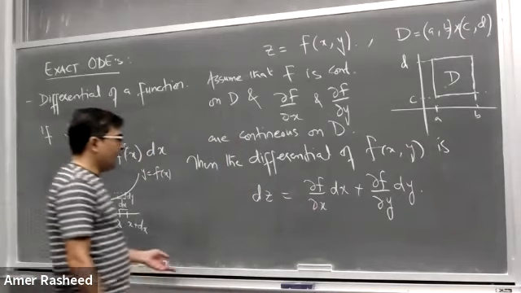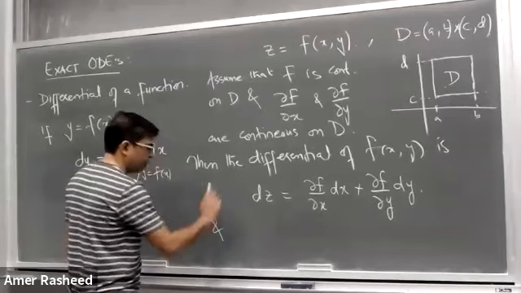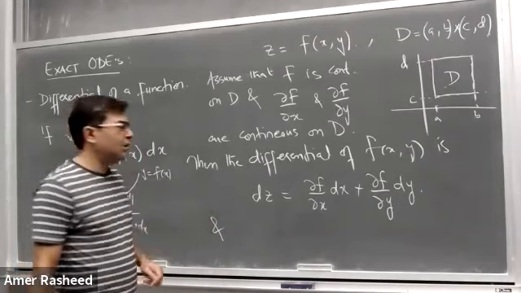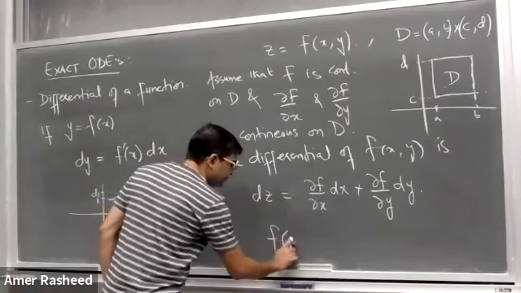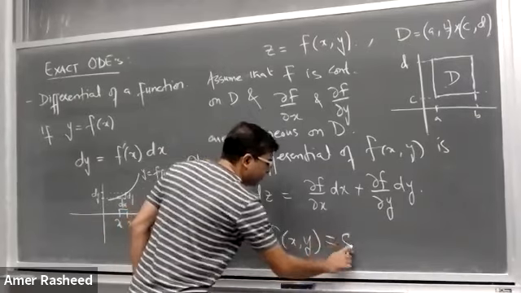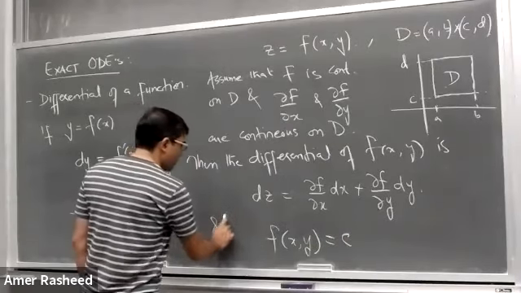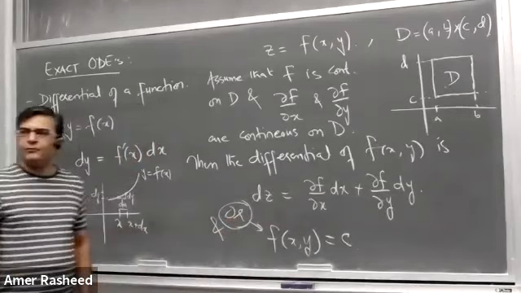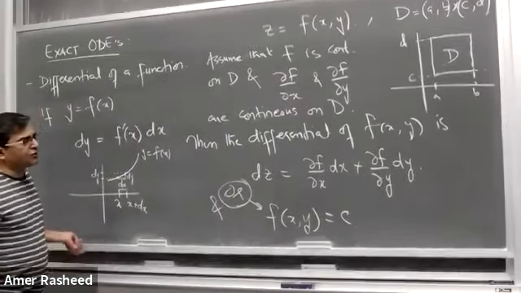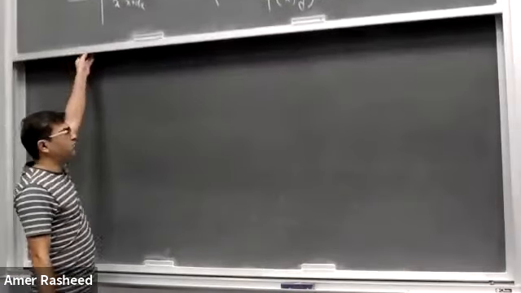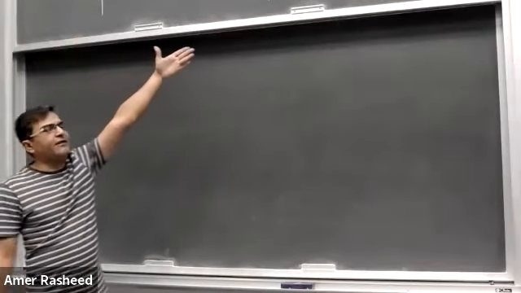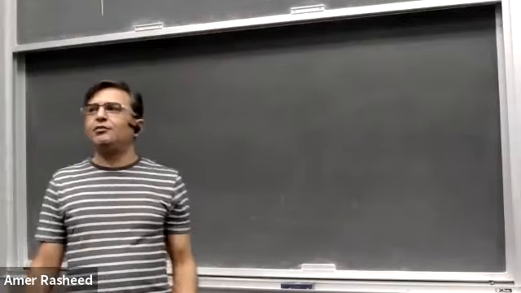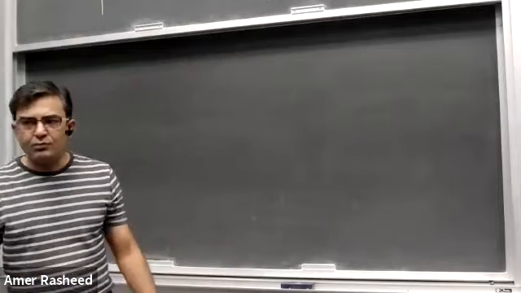Okay. And in short, if we have a surface function whose values are equal to constant, for example, this one, or this one, if we have some function whose values are equal to constant, then its differential, we take the differential on the left hand side, the right hand side, we have a constant, the derivative with respect to x or y will be 0.